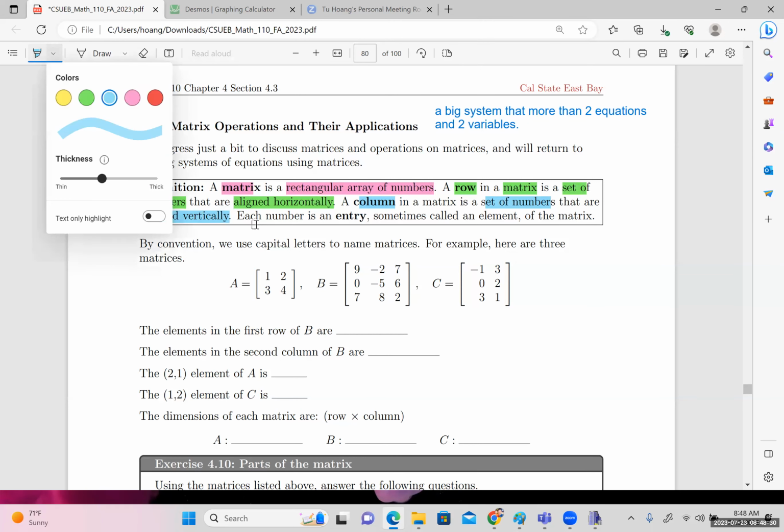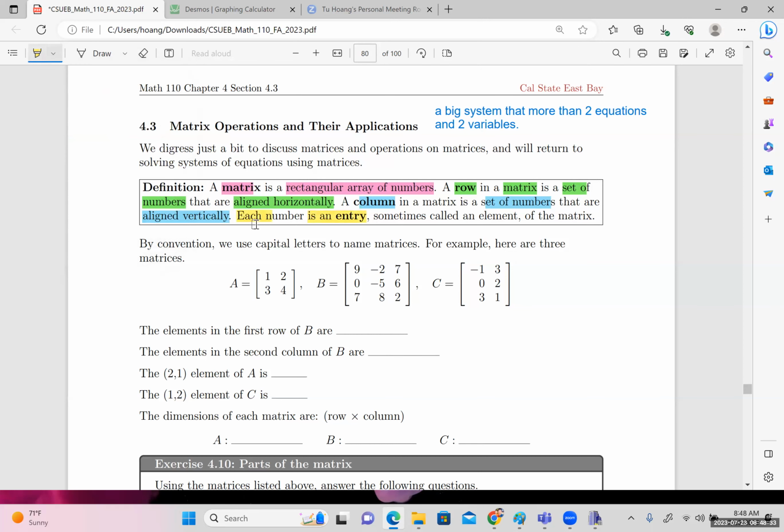Each number is an entry, sometimes called an element of the matrix. By convention we use capital letters to name matrices. For example, down here we have three matrices. Say matrix A is 1, 2, 3, 4, and matrix B is 9, -2, 7, and so on, right?